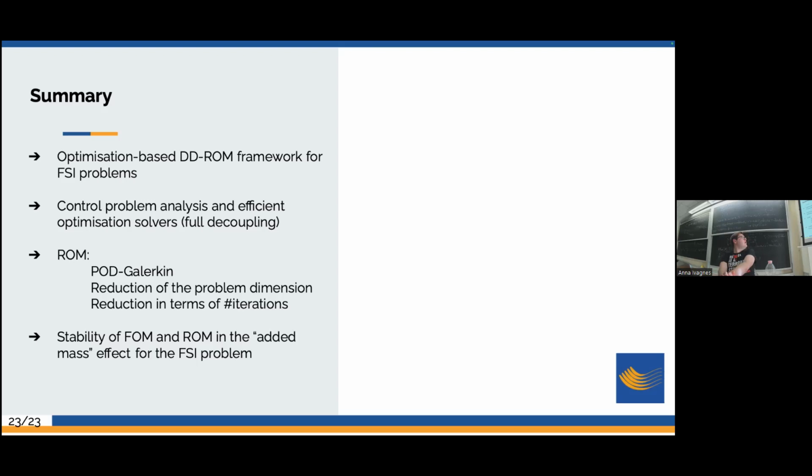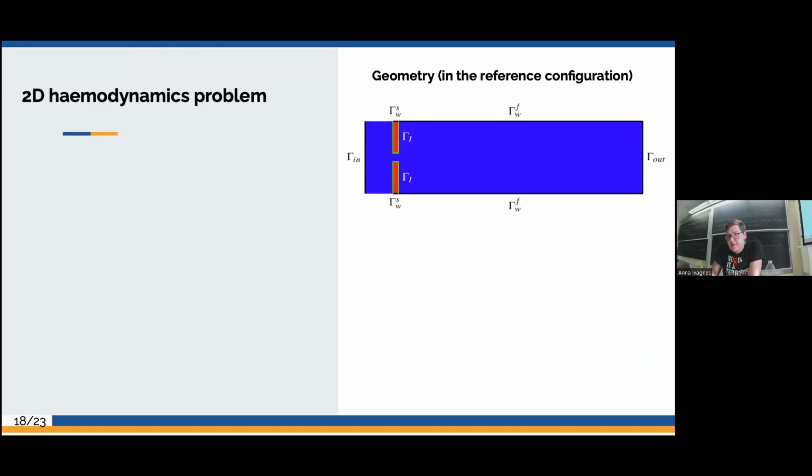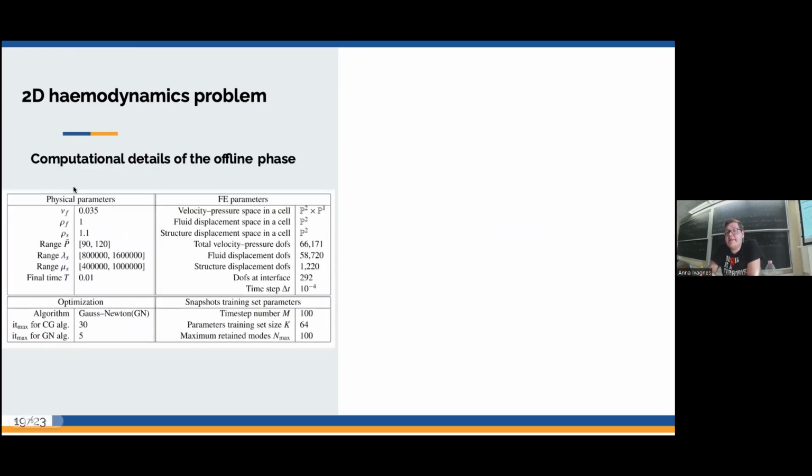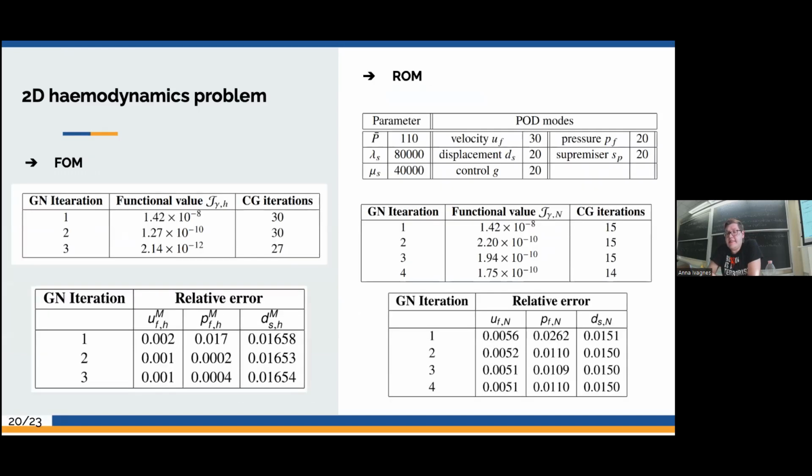As a reduced order model, we applied the POD Galerkin technique, which led to the reduction of the problem dimensions, and also a reduction in the number of optimization iterations. And as I mentioned before, I wanted you to notice that the fluid and structure densities are close to each other.